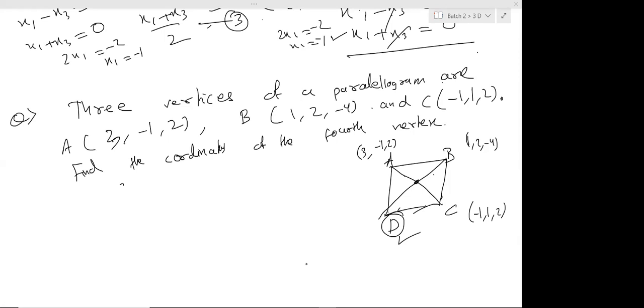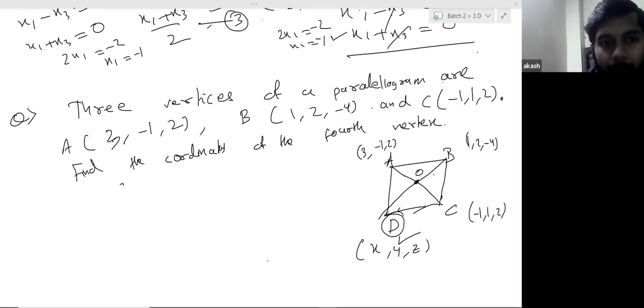Rahman, that is the midpoint, right? Let's assume the coordinate for D is x, y, z. All right. And let this point be O. So what would be the x coordinate of O?